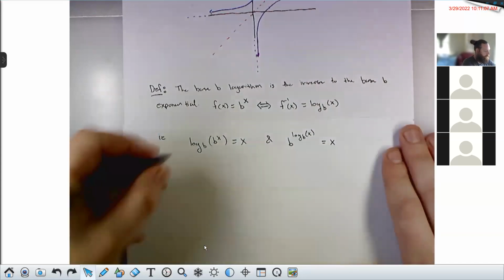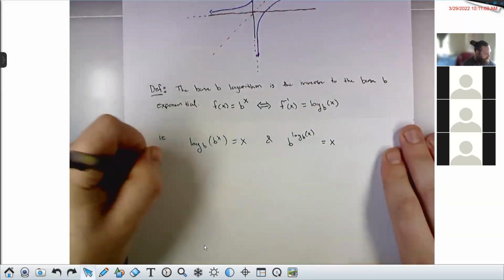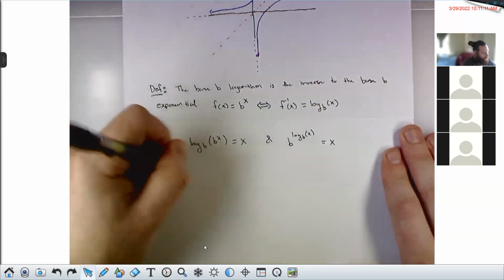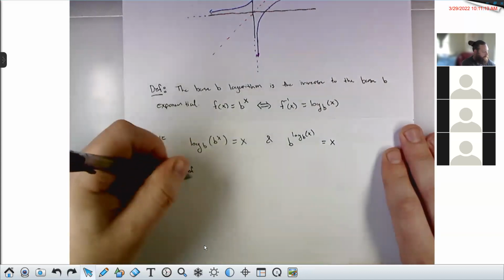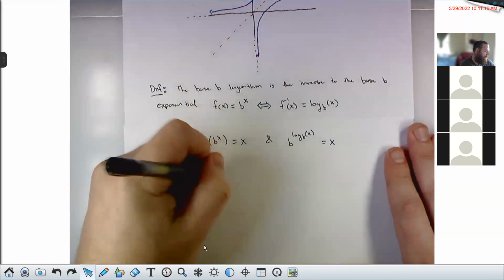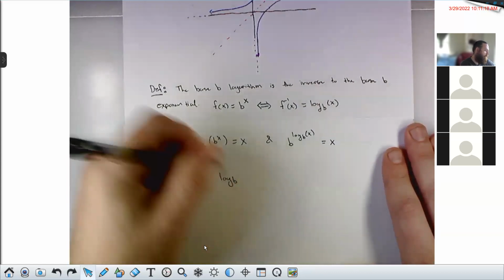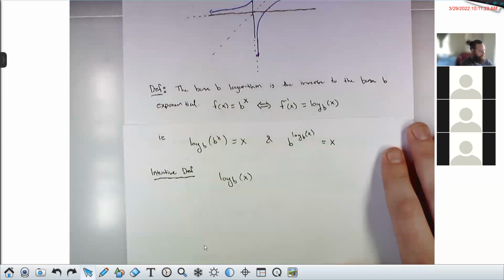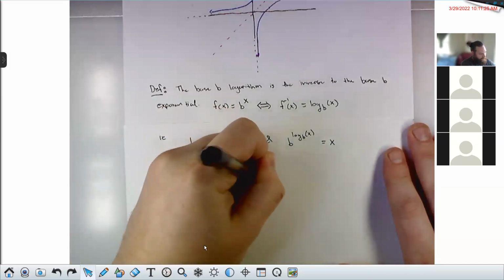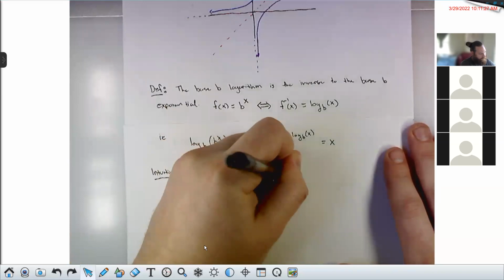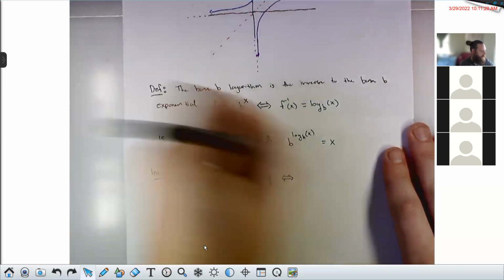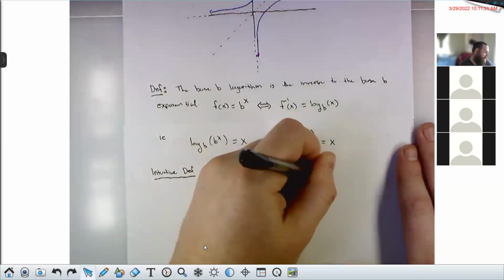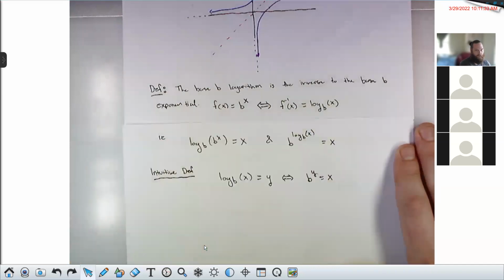The easy way to think of it is that the base b log of some number x, saying this is equal to y, is equivalent to saying that b to the y is equal to x.